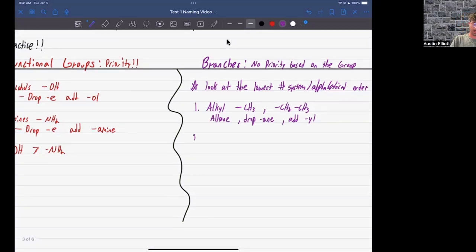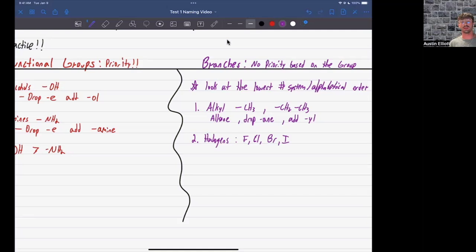And now our second group for our branches are our halogens. And these include fluorine, chlorine, bromine, and iodine. None of these take priority over one another based on what they are, except alphabetical order does matter.